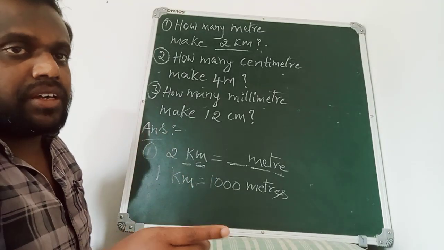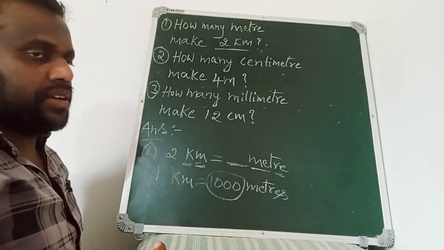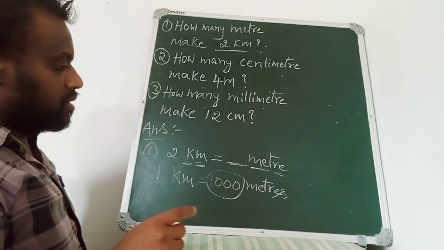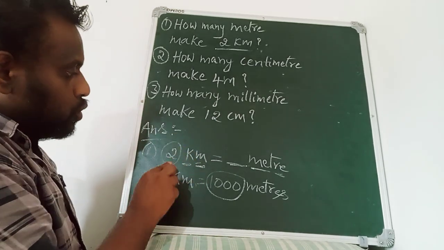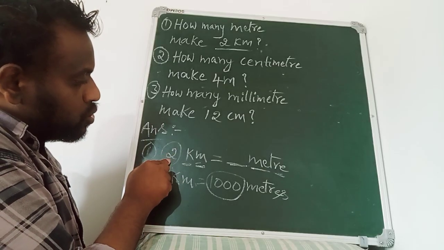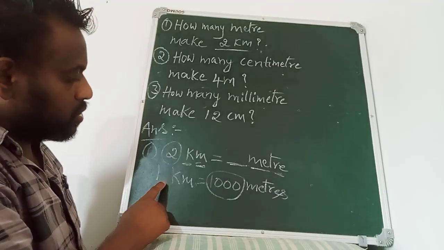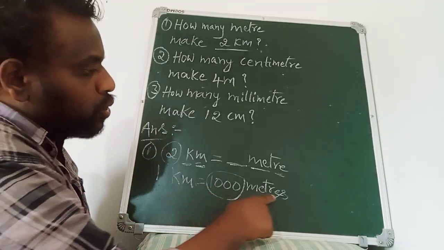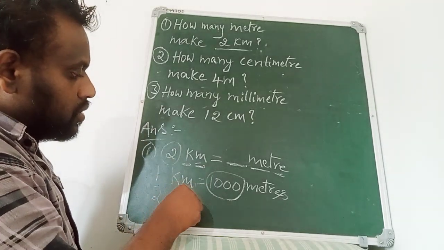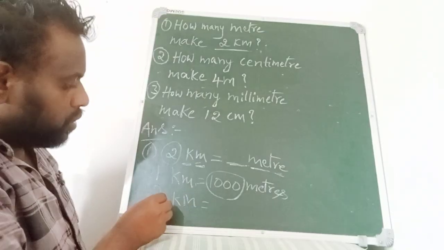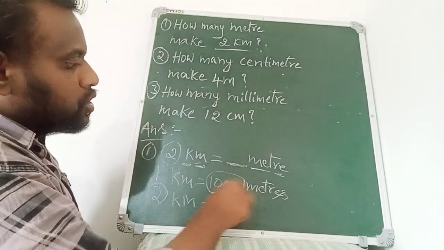So what is that something? That something is this 1000 meter. Whatever number they have given, 2, you should multiply this 2 by this 1000, because when 1 kilometer is equal to 1000 meters, 2 kilometer is equal to 2 into 1000.